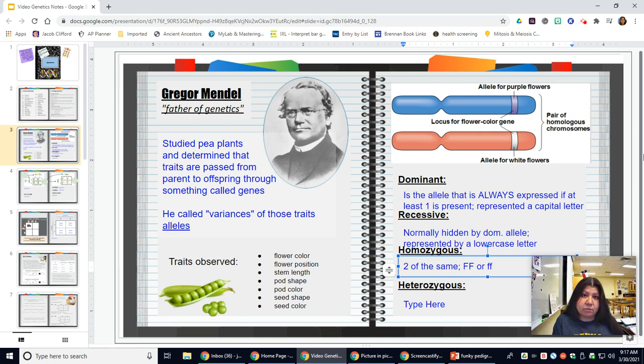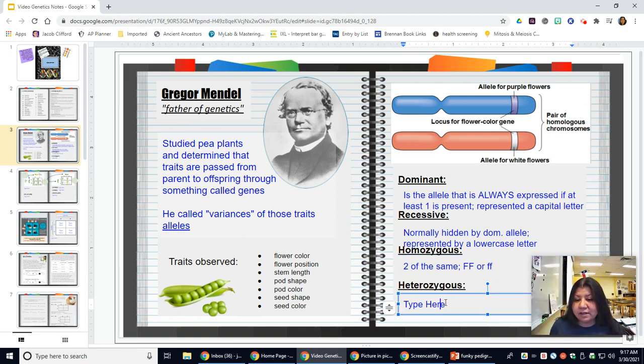Okay, we can use whatever letters that we want. So this little f means that we have two recessive alleles, and that's the only way you're going to see that recessive trait. If we have a heterozygous set of genes, then that means we have one of each. We have one dominant and one recessive. Okay, so one of each allele.